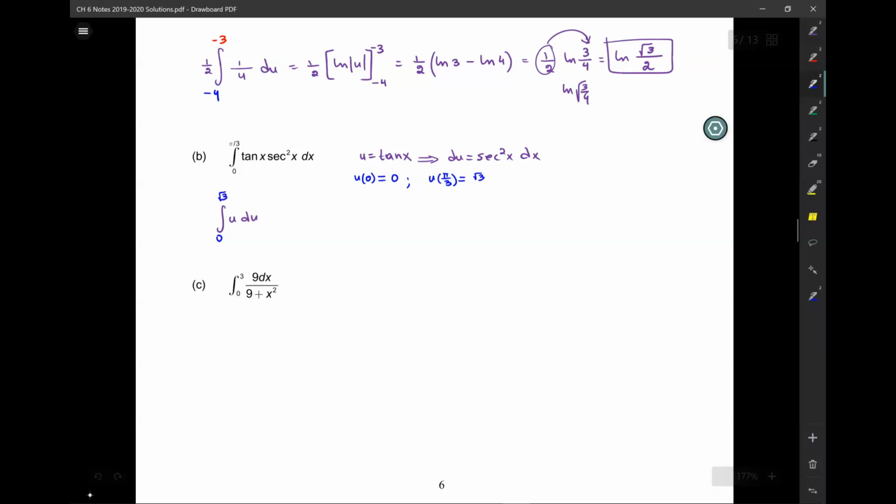That's the bigger angle, so it's root 3. So now I have u squared over 2 from 0 to root 3. Root 3 squared is 3, over 2, minus 0. And that's just 3 over 2.